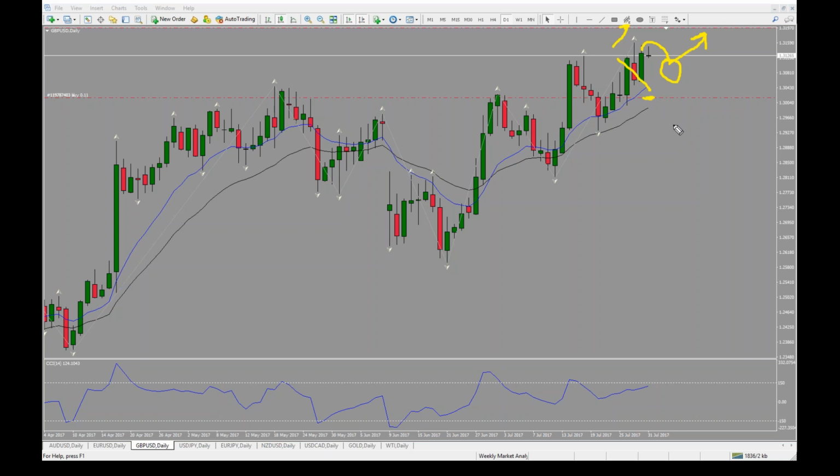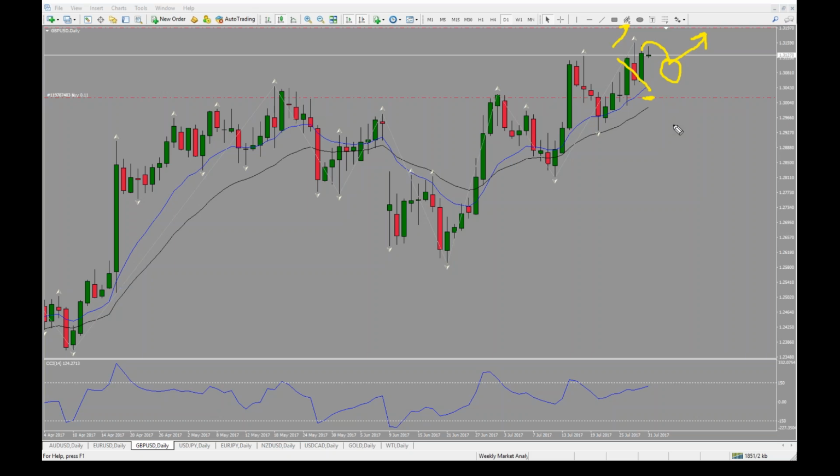I've got one answer, two answers. The second half of my trade will make me zero because it will be exiting at the same level where I entered. But I have made profit.